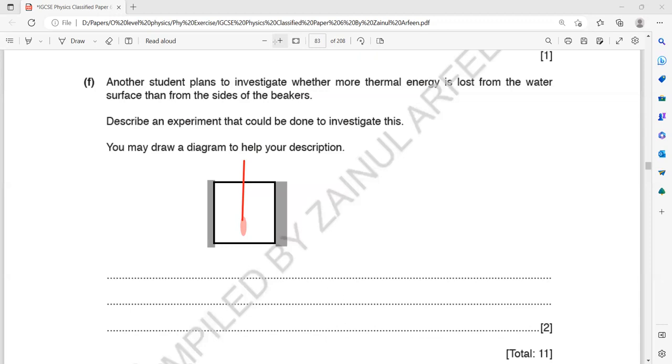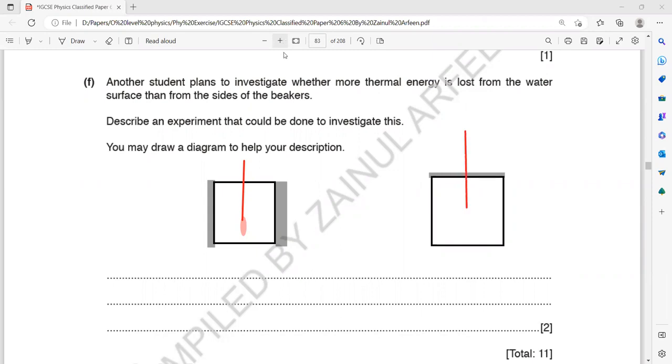And then you will repeat the experiment with the same beaker with a lid, but without insulation, and you will compare the results.